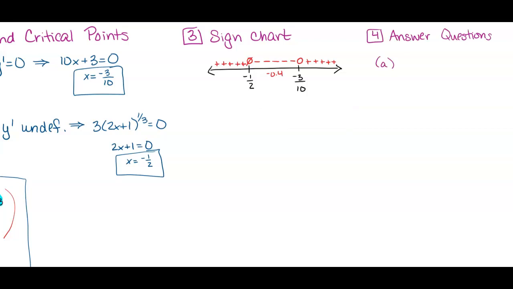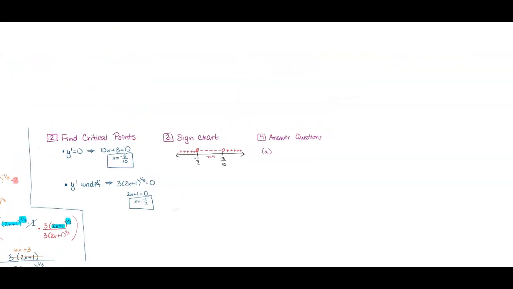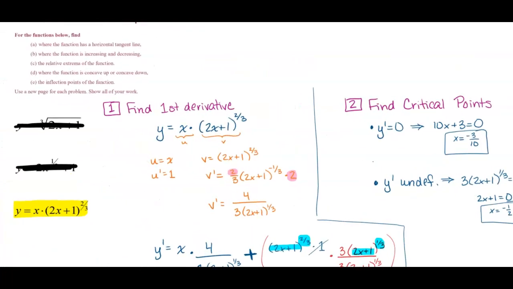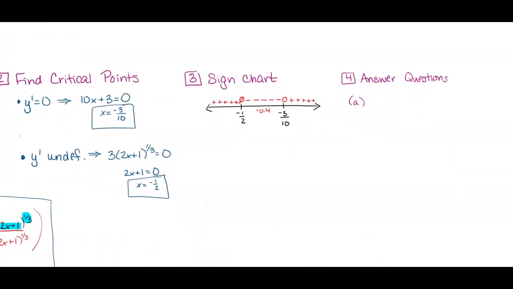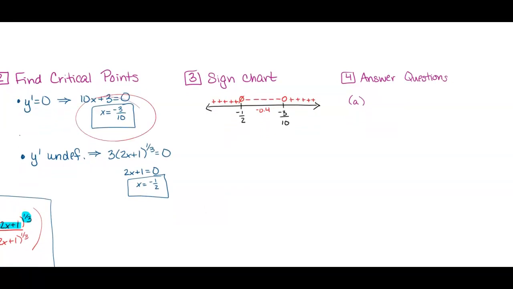So the next thing we want to do is answer whatever questions we can about just the first derivative, which is a, b, and c. Where does this function have a horizontal tangent line? Well, horizontal tangent line means a slope of 0, means a derivative of 0. So that is happening here. Wherever the first derivative was equal to 0, that's where you have a horizontal tangent line.